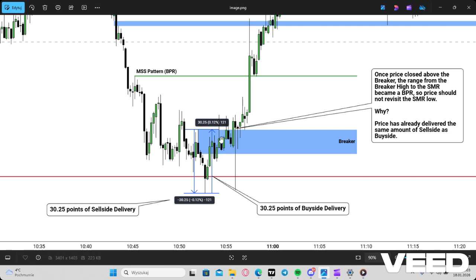Once price closes above the breaker, the range from the breaker high, right there, to the smart money reversal becomes a balanced price range. Price should not revisit the smart money reversal low. Price has already delivered the same amount of sell side as buy side.